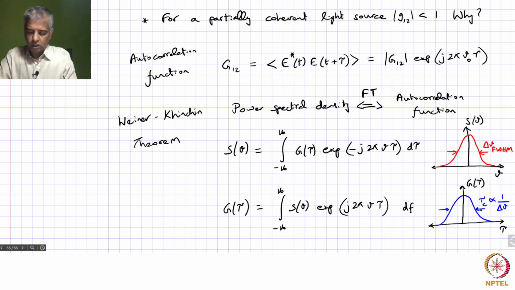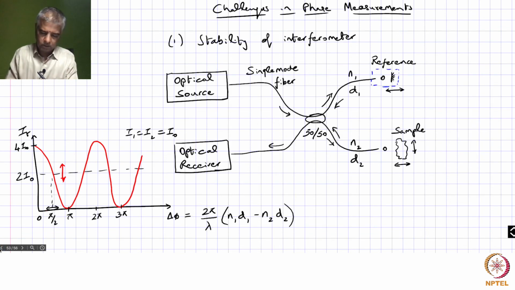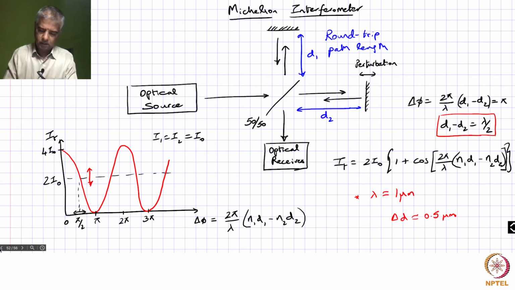And so, what is the implication of this? Well, the implication of this is when you go to this sort of a setup, maybe it is even more apparent in this.